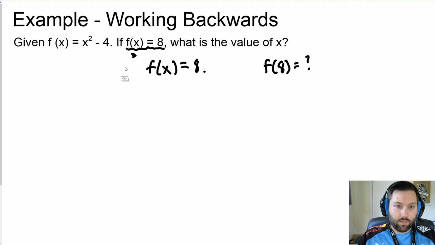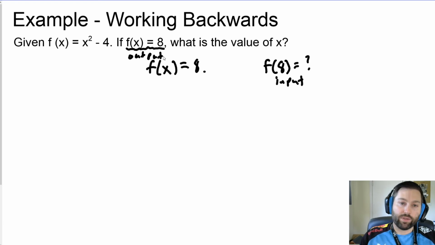So my software finally caught up with me. This means output. If you see f of 8, that means input. But I have an output. So to follow what it means, 8 equals x to the second minus 4.